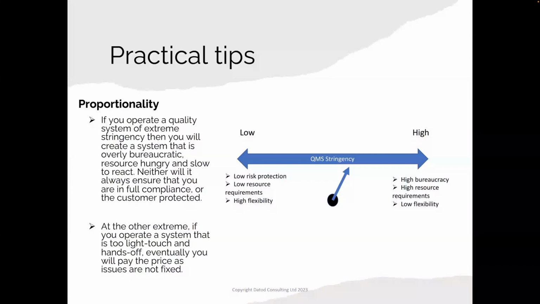And really, as a leader, you've got to decide where you want to sit on this spectrum. Generally, it's somewhere in the middle, in terms of the balance between being highly stringent and highly bureaucratic versus being of lower stringency, but having lower risk protection.